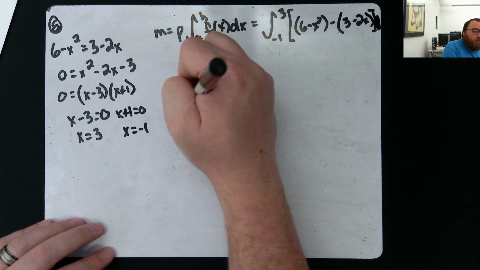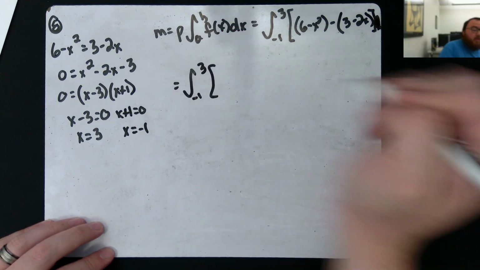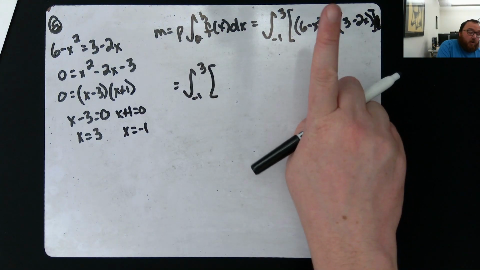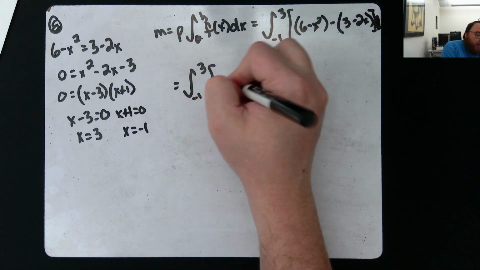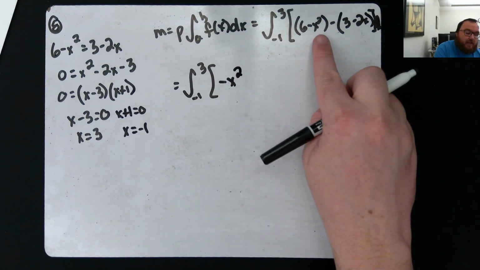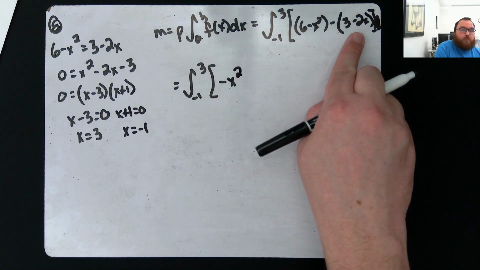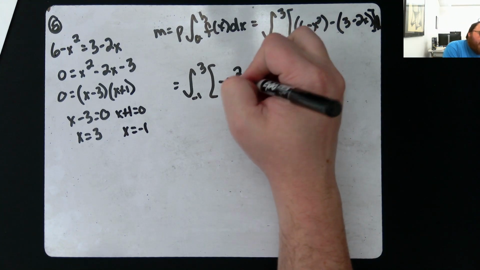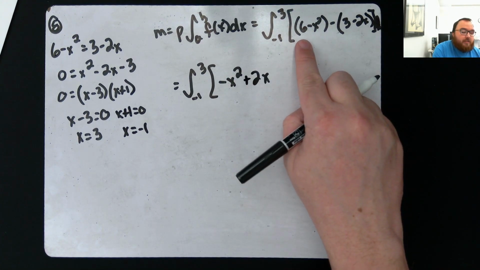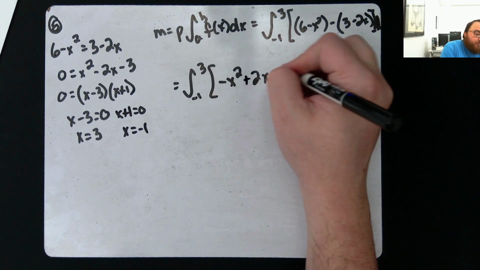So that's going to be integral from -1 to 3. The only x squared I have is negative x squared. The only x I have is negative 2x, which is going to make it positive 2x. 6 minus 3 is 3 dx.